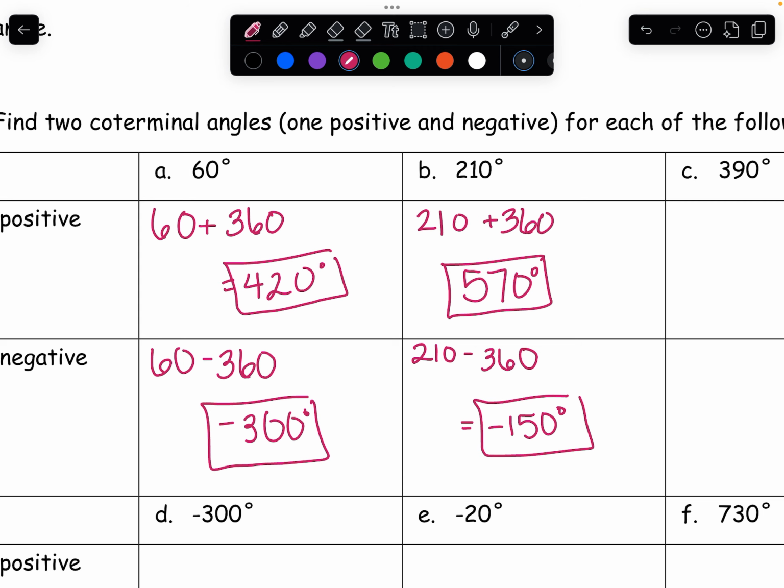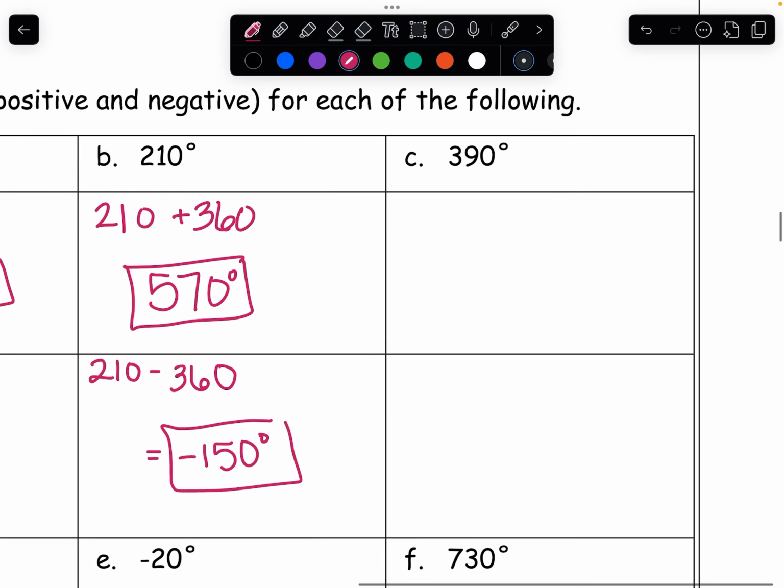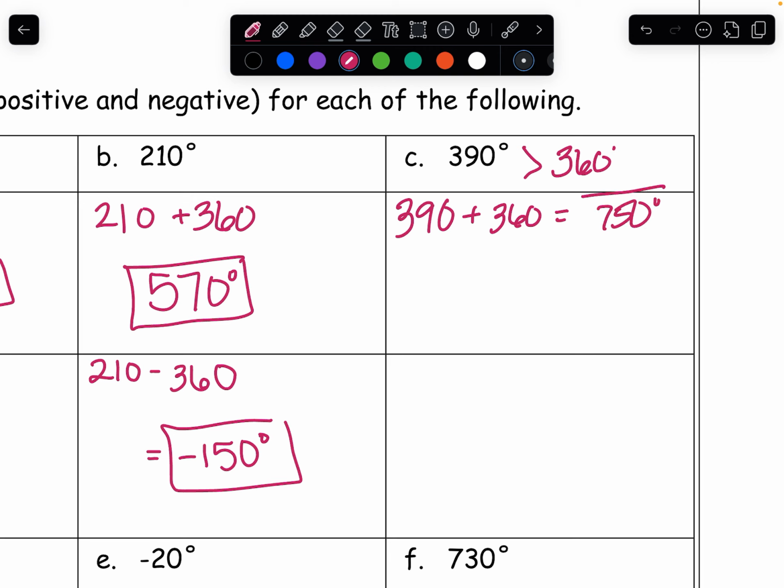Now C, I talked about it earlier. 390 is greater than 360 degrees, so it's going to have one full rotation. So we can still take our angle and add 360, which will give us 750 degrees. So there's our one positive angle. Now, if we take our angle and we subtract 360, we get 30 degrees, which is still a positive angle.